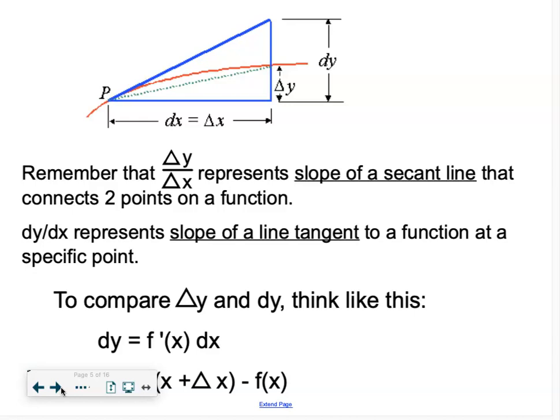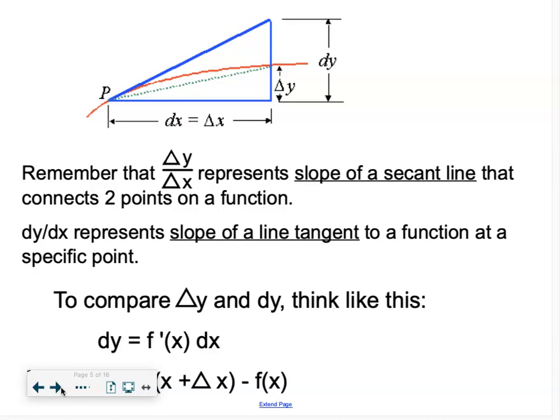So even though our delta x stays delta x, we know the possible error in the input, instead of computing the actual error in the output, we approximate it using a differential.